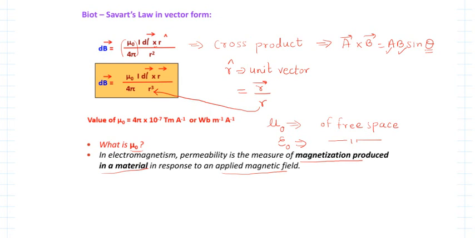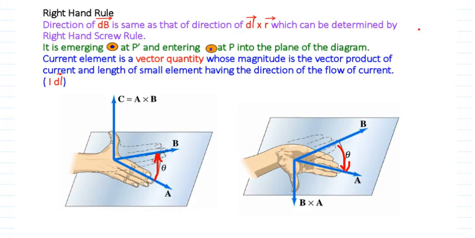This is the property of a given medium or given material. That is it about the permeability. Let's move ahead. Here we discussed Biot-Savart's law, its magnitude and the vector notation. Now let's understand the direction and the logic behind dot and cross.